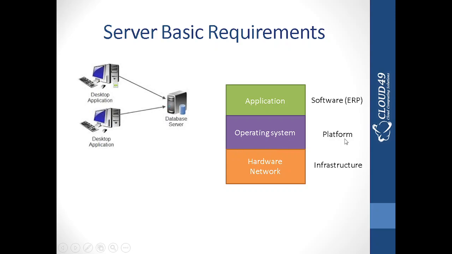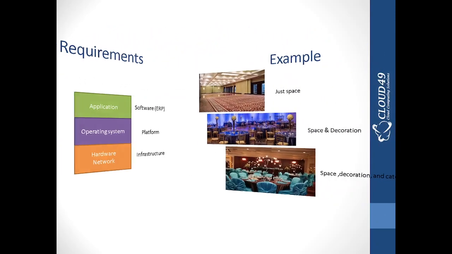Operating system we can say is the platform. Application can be software and ERP. These are basically the three parts of any system we need to have. Hardware is called infrastructure, operating system is called platform, and application is called software. These are the server basic requirements.